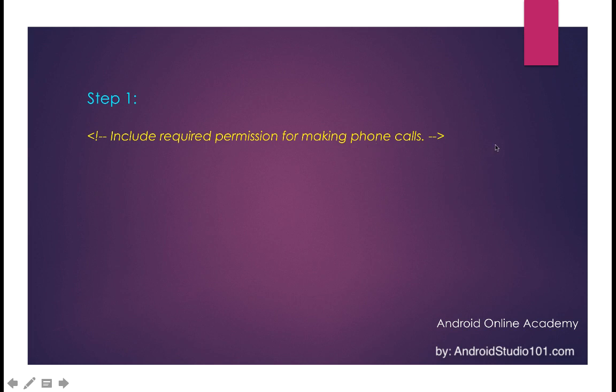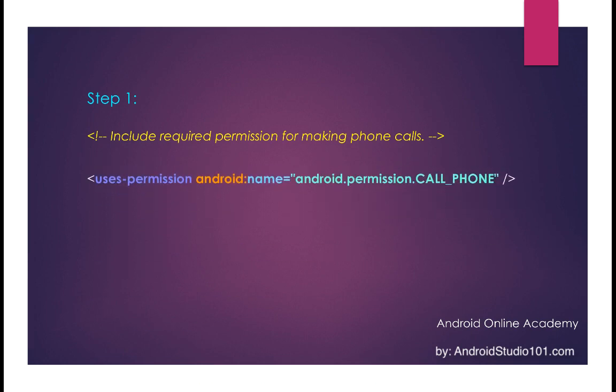One thing we should remember as Android Studio programmers is that for everything we do, especially those that are not regularly done, we should always add the required permission inside our Android manifest.xml. The required permission is uses-permission android:name, and the name of the permission is android.permission.CALL_PHONE. So you just add this inside your Android manifest.xml.